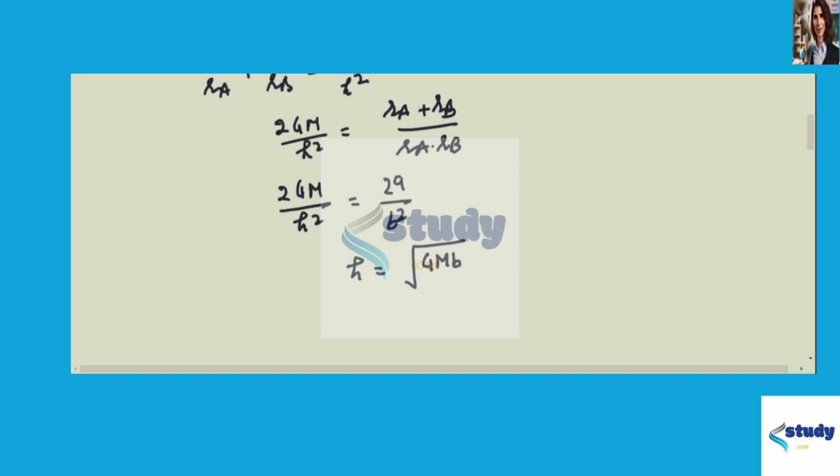So from here h you will get root of GM b squared by a, and the periodic time is defined as 2 pi ab upon h. And h we know, substitute the value.